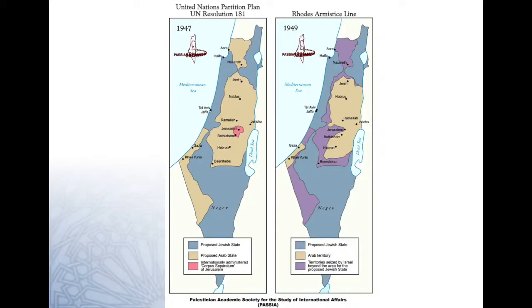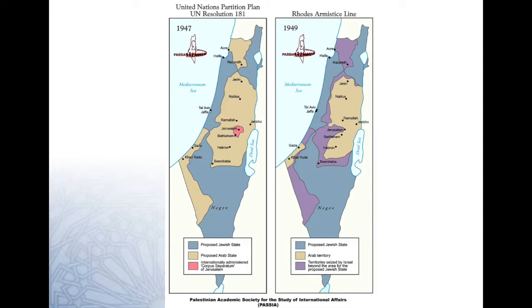If you look at the first map here, you can see what the recommendation was under UN Resolution 181. This is the partition resolution of Palestine that was passed in 1947. It basically awards about 55% of historical Palestine to the Jewish population and about 43% to the Palestinians, and the other little pink part you can see there is Jerusalem, which was supposed to be an independent state under the trusteeship of the United Nations.